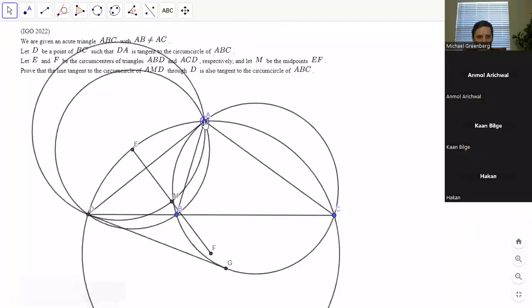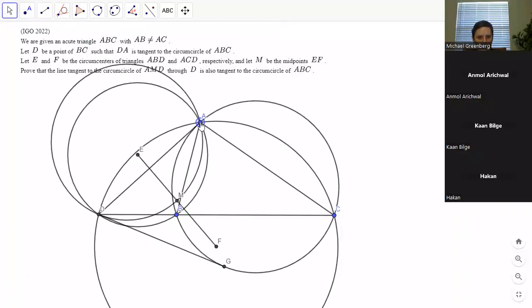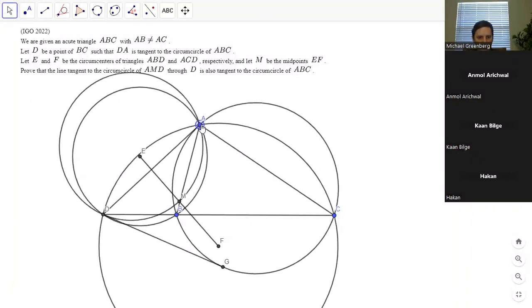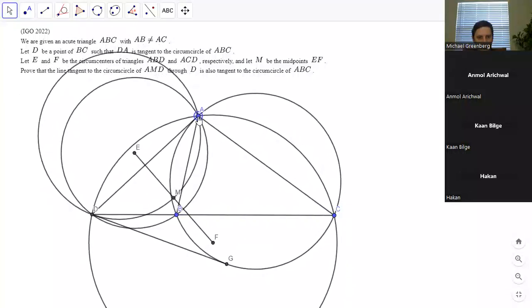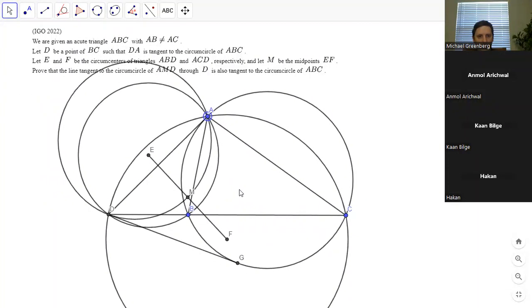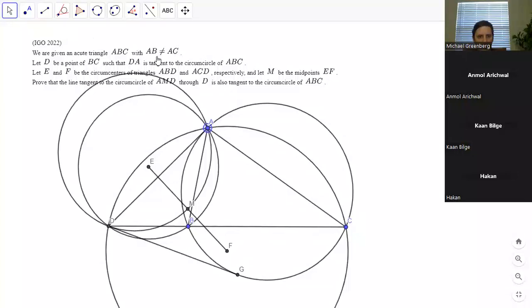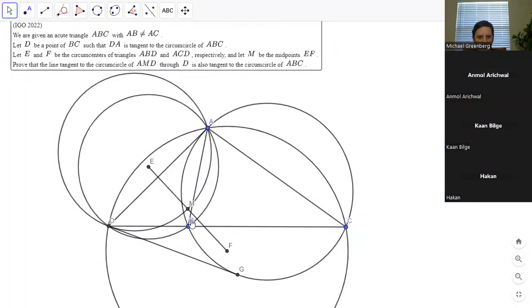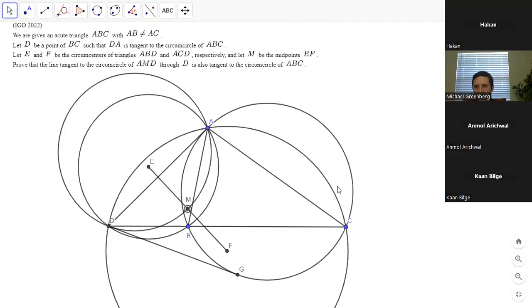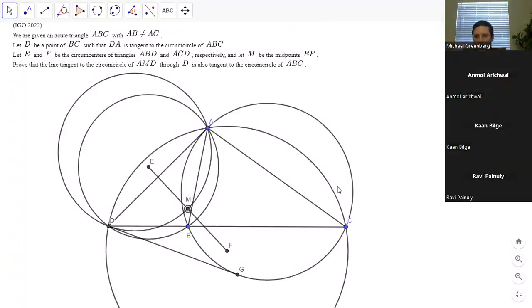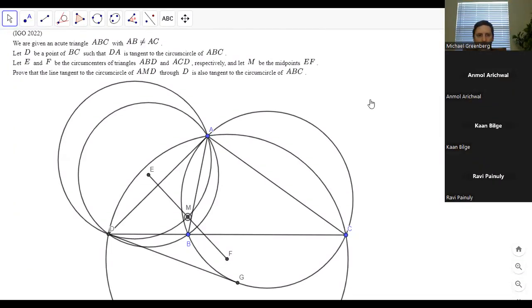Okay. That looks okay. Let's move the labels away. Let's see, he's still on. All right.